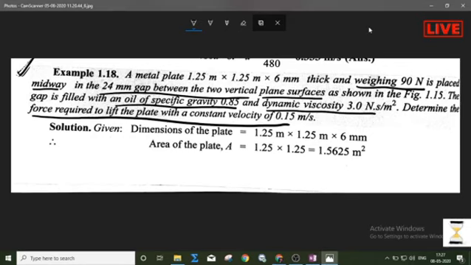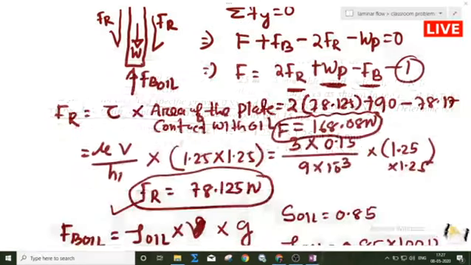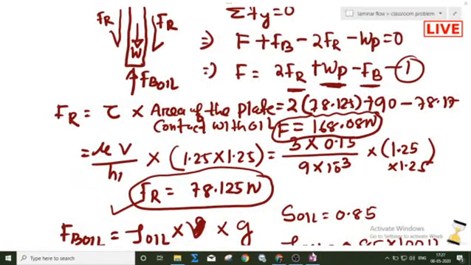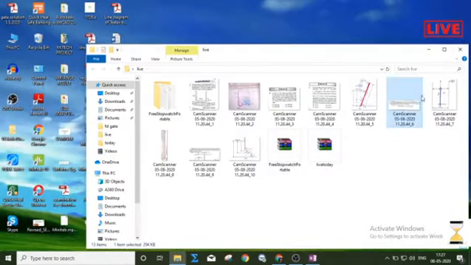Now we go to the last problem of today's class. Let's solve this one, the last problem of today's class.